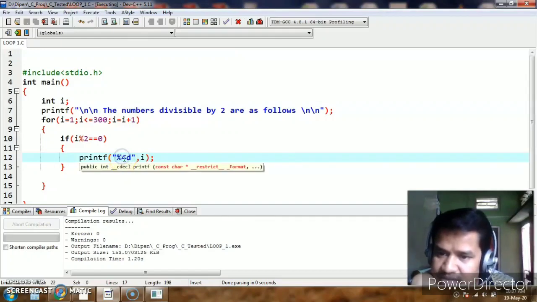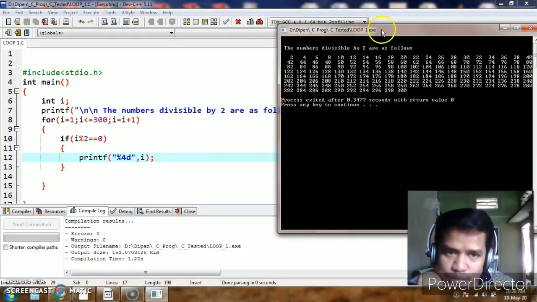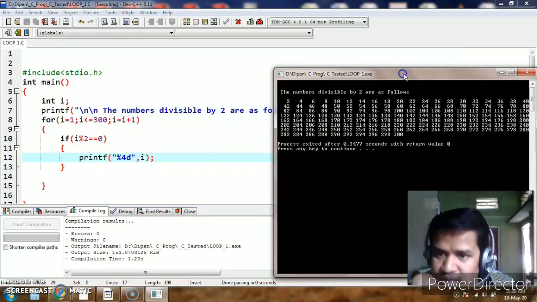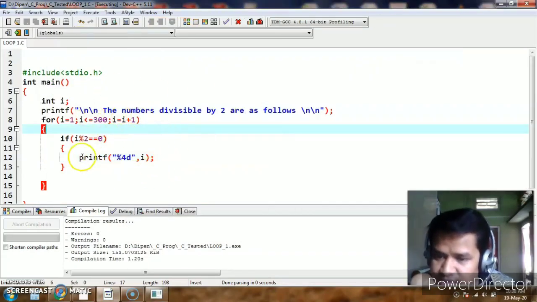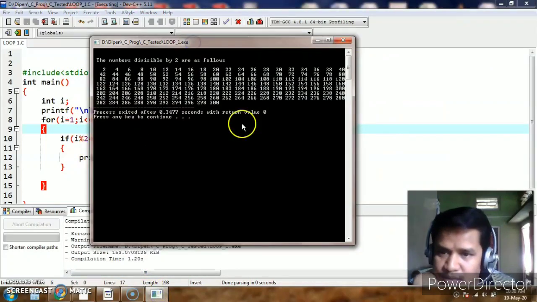You can write %5d, you can write %6d, something like this. Those separators will help you make some distance in the output. So this black one is the output, and this one is the editor window. That means in the editor we work, and in the output the outcome comes up.